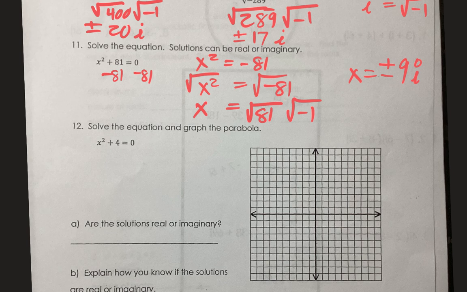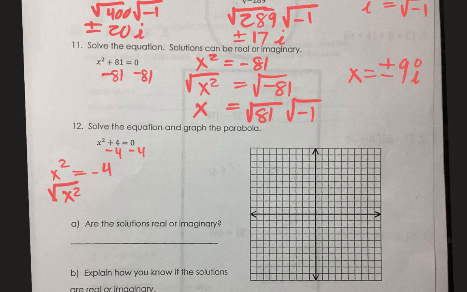Solve the equation and graph the parabola. Number 12. This actually is just like number 11, just different numbers. And we're going to answer a couple of questions. Okay, so we want to isolate x squared. That's going to give, remember, subtract 4 from both sides. So x squared equals negative 4, which I can take the square root of.